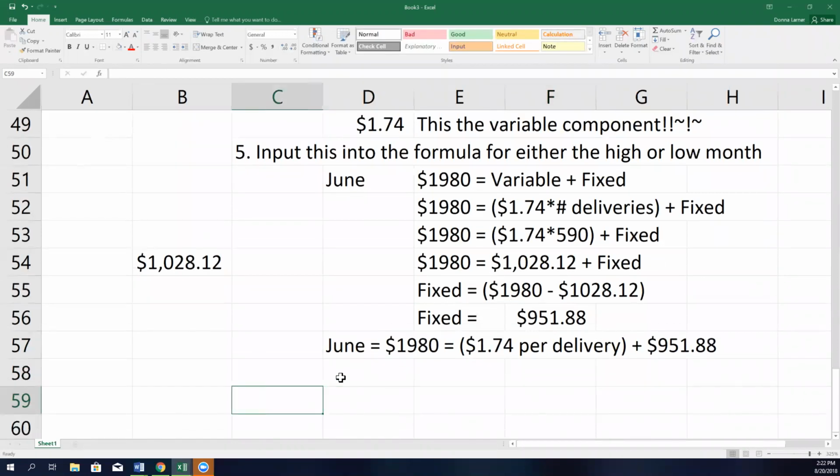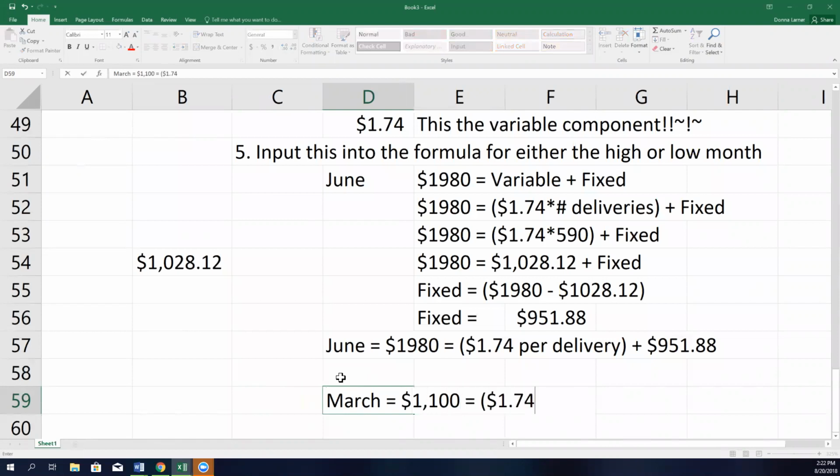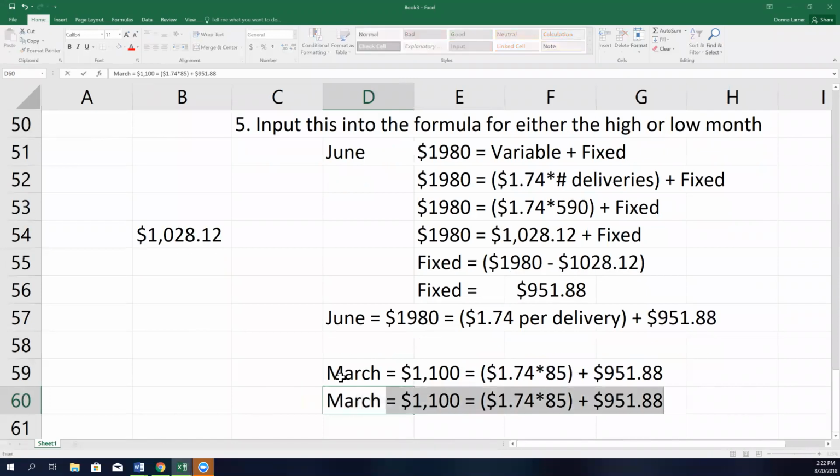Now let's see if that works for March. If I substitute in March, let's see if that works. March's dollar amount was $1,100, and we would say it's approximately $1.74. I know there's some decimal places on it, times the number of deliveries, and the number of deliveries was only 85, plus $951.88. So March's 1,100 would equal whatever $1.74 times 85 is.